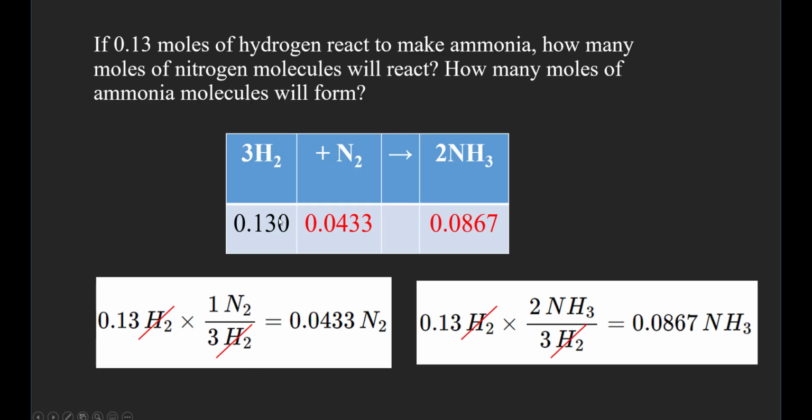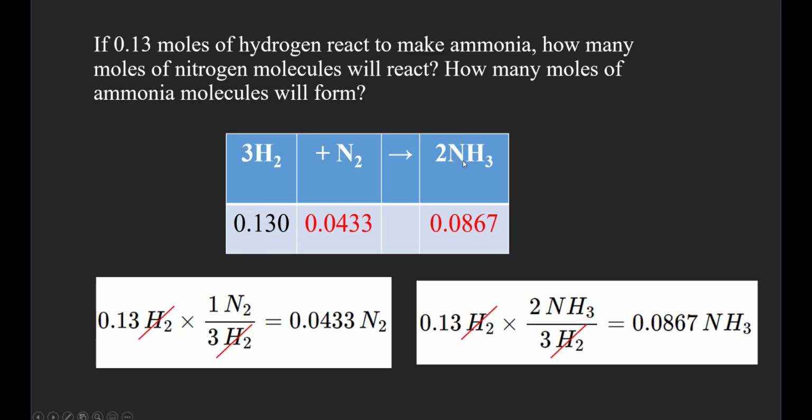So how would you write this relationship out? You'd start with the 0.13 that you have. I should have added a 0 here for significant figures. And then just write down what's the ratio of nitrogen to hydrogen. It's 1 for every 3. So you multiply the 0.13 by 1/3. Of course, that's the same as just dividing by 3 to get that 0.0433.